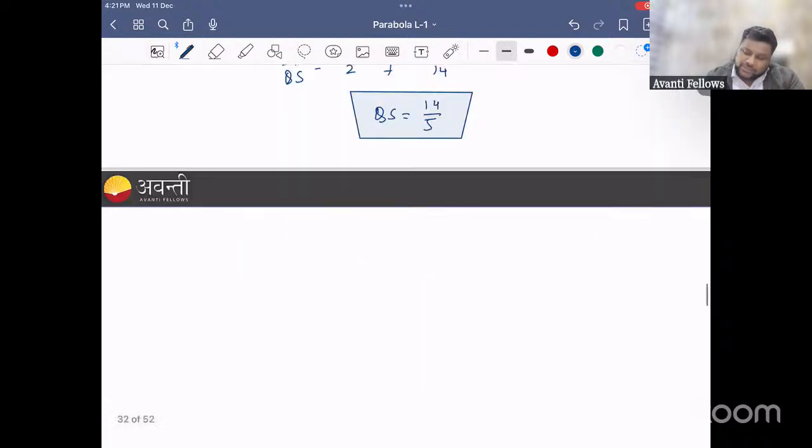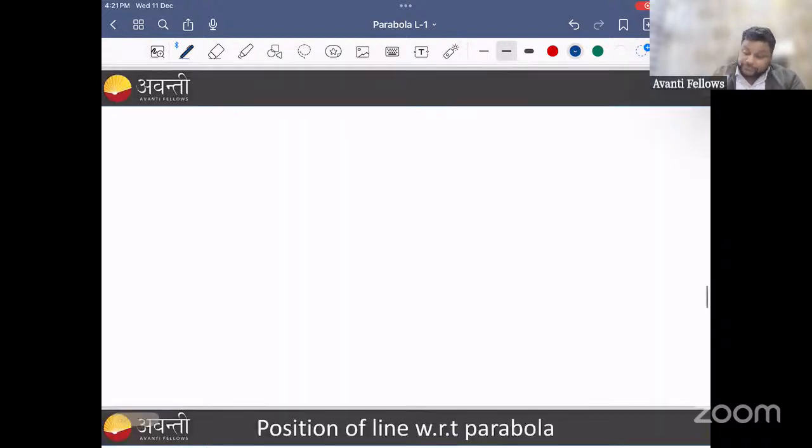Now let's do another question. Say there is a parabola. Now the question is AB is a chord of the parabola.